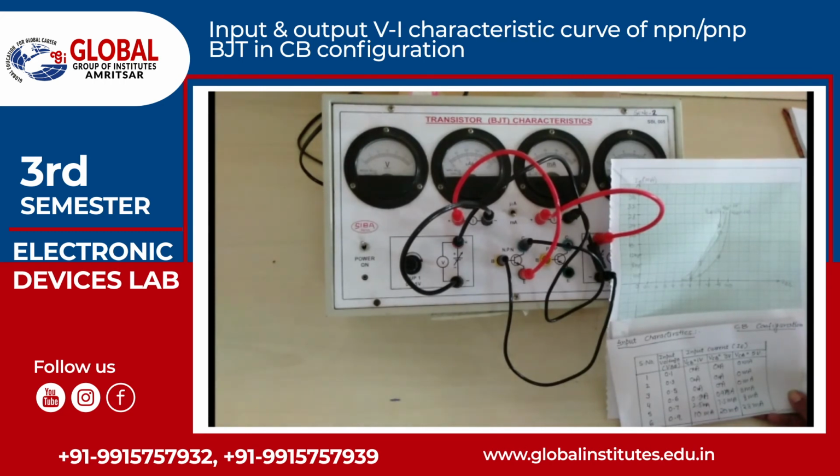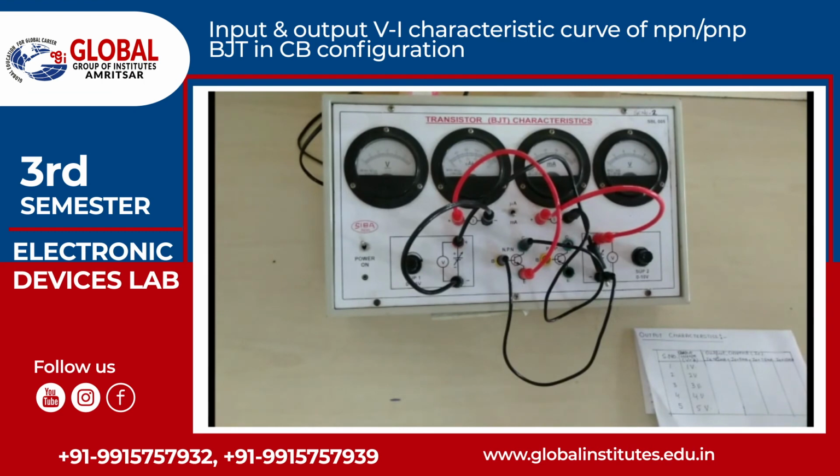Now we will draw the output characteristics. For output characteristics, keep the input current, that is IE, constant and vary the output voltage and observe the corresponding output current. So we are taking the readings at IE 2.5 milliampere, 5 milliampere, 7.5 and 10 milliampere.